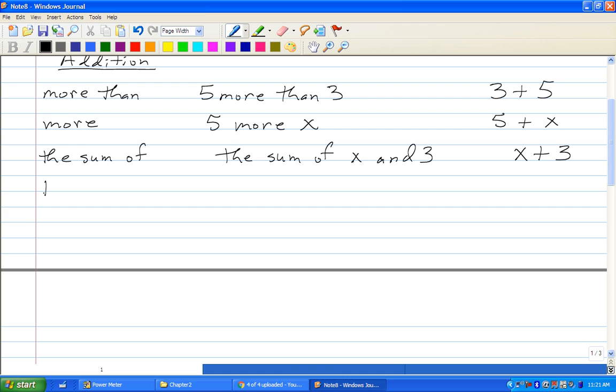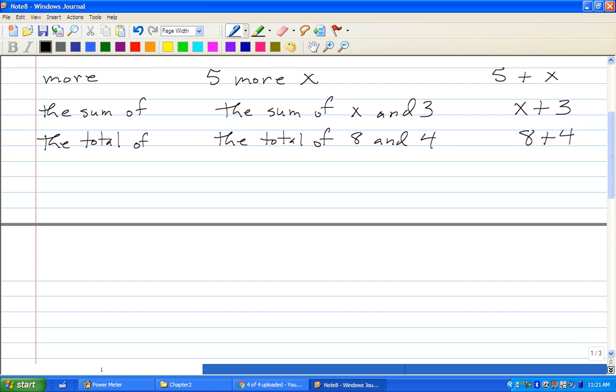The total of 8 and 4 is 8 plus 4. The total of 3 and 2 is 3 plus 2.